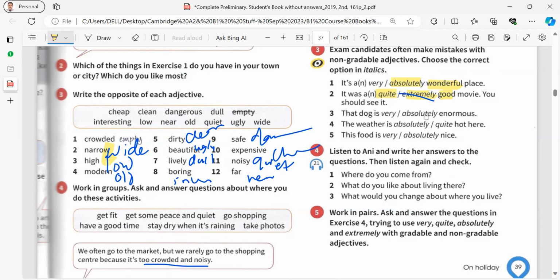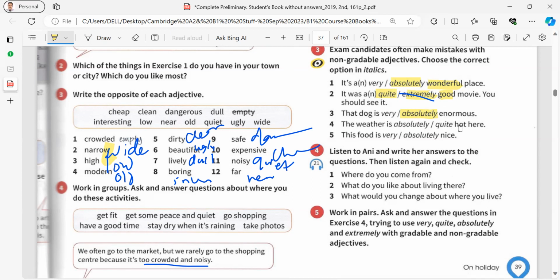Type enormous, Nawaf. Here, enormous again. Can you say very? No, it's not gradable. Enormous is non-gradable. Okay.